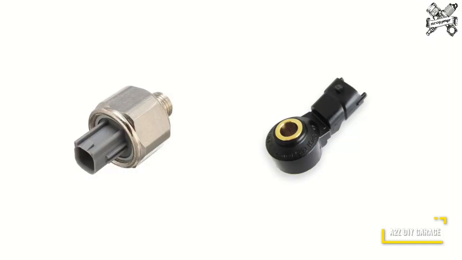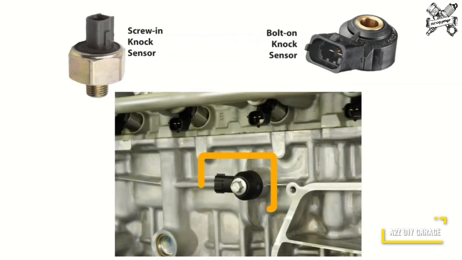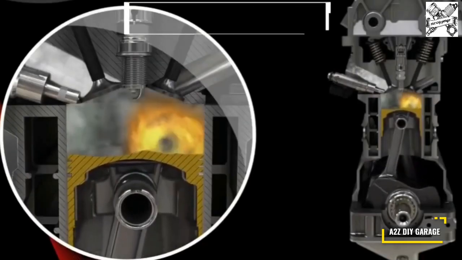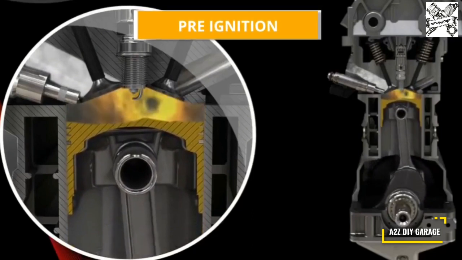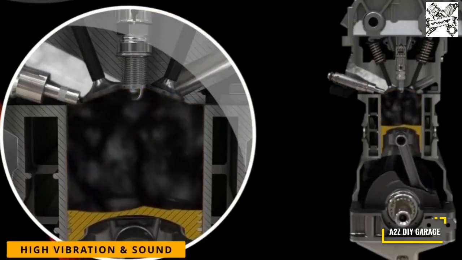This sensor helps the ECU in determining the amount of air and fuel that has to be sent to the engine. Number 5. The NOx sensor. Commonly the NOx sensor is located outside the engine block. The term knocking means the ignition occurred even before the actual time. This creates high vibration and high sound in the engine.